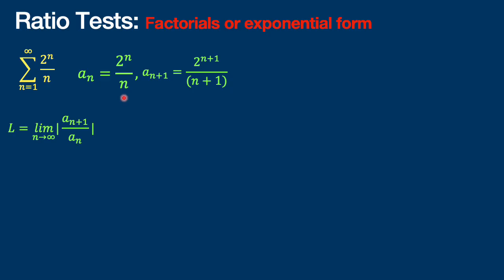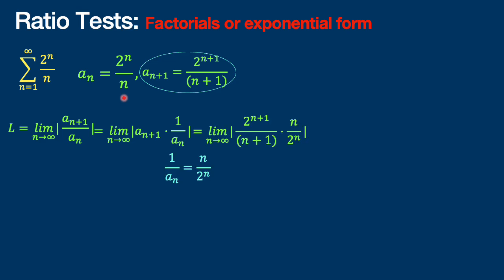That's what we're going to calculate: the limit of a_(n+1) over a_n. So a_(n+1) times 1 over a_n. a_(n+1) is 2 to the n plus 1 over n plus 1. 1 over a_n is going to be n over 2 to the n.